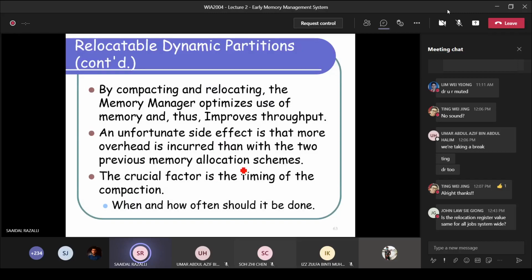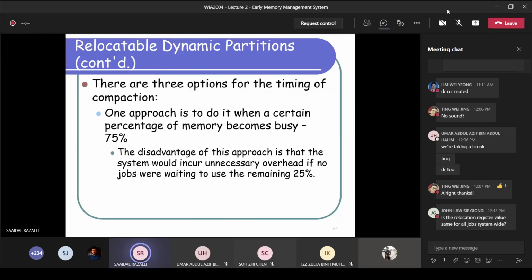The crucial factor is the timing of the compaction. When and how often should it be done? There are three options for the timing of compaction. One approach is to do it when a certain percentage of memory becomes busy, say 75%. The disadvantage is that the system will incur unnecessary overhead if no jobs are waiting to use the remaining 25%.